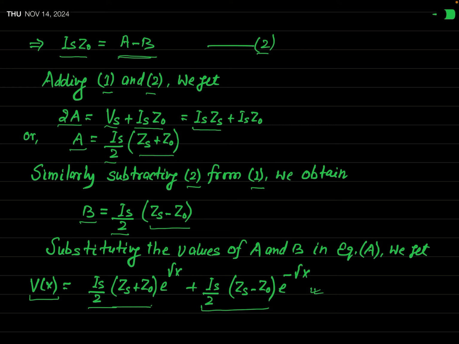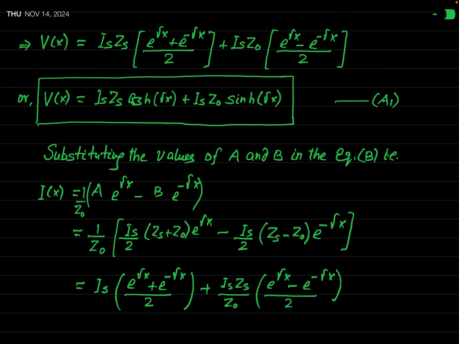Now let us simplify the RHS of this equation to some extent. First of all, see the first term of both terms. When you take the first term of this and the first term of this, in that condition Is times Zs divided by 2 will be a common factor, and the remaining terms will be e to the power gamma x plus e to the power minus gamma x.